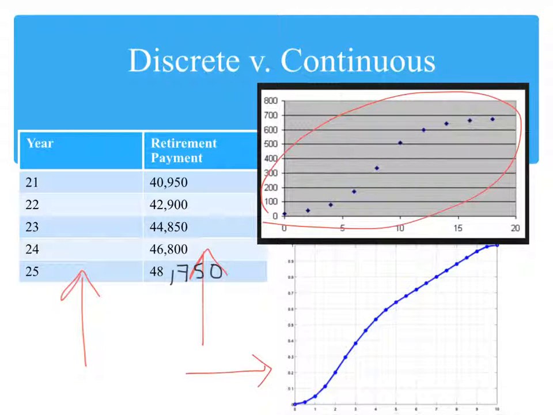I've connected the data by a line because every single spot on that line represents a solution. So even the point that is right here, in between those others, is a point. So the difference between discrete and continuous: discrete, there are no values between the points, therefore not connected by a line. Continuous, connected by a line.